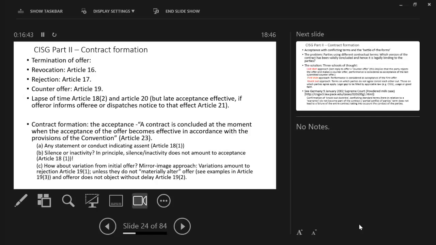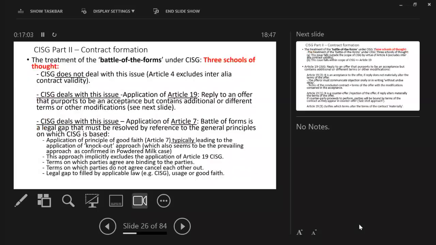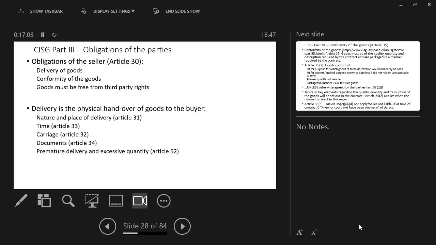Variations amount to rejections unless they don't materially alter the offer and the offeror does not object. What you see in the convention is essentially standard terms. And the end result is something that is designed to make transactions easier.